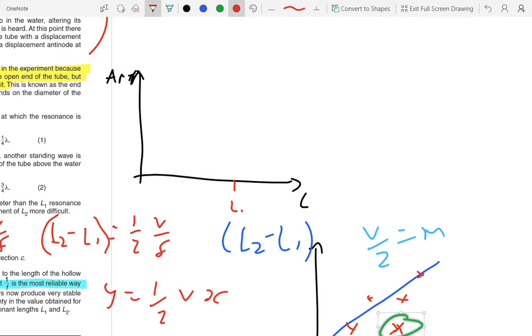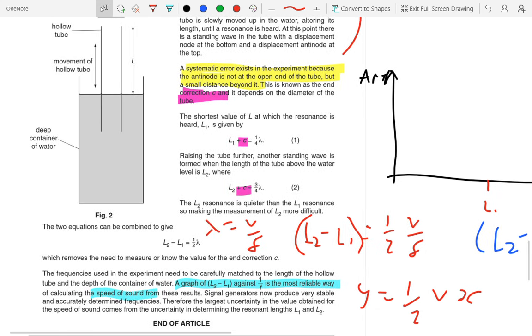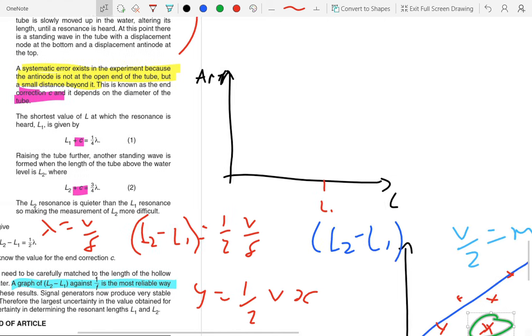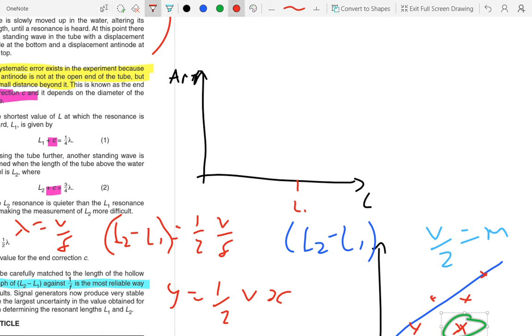You should have 2 resonance peaks, and it tells you in the paper that the L2 resonance is quieter than the L1 resonance. So what you'd expect is something that's going to look a little bit like this. So you've got L1 here and L2 here.